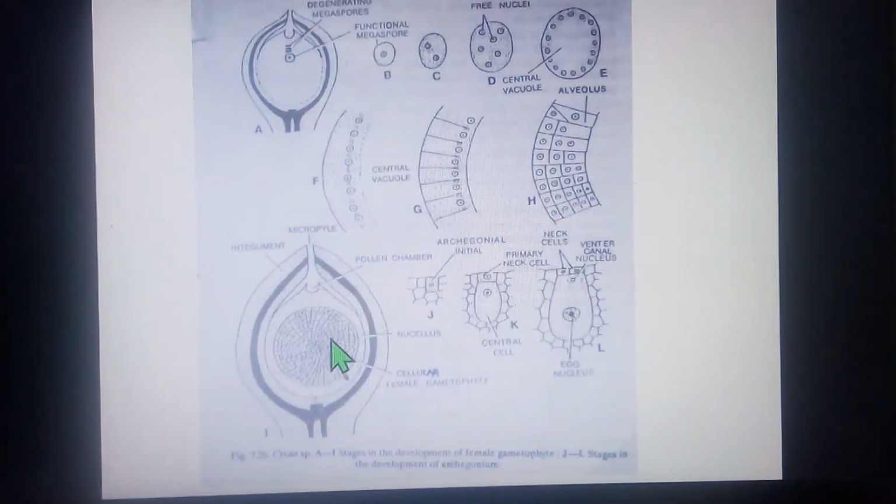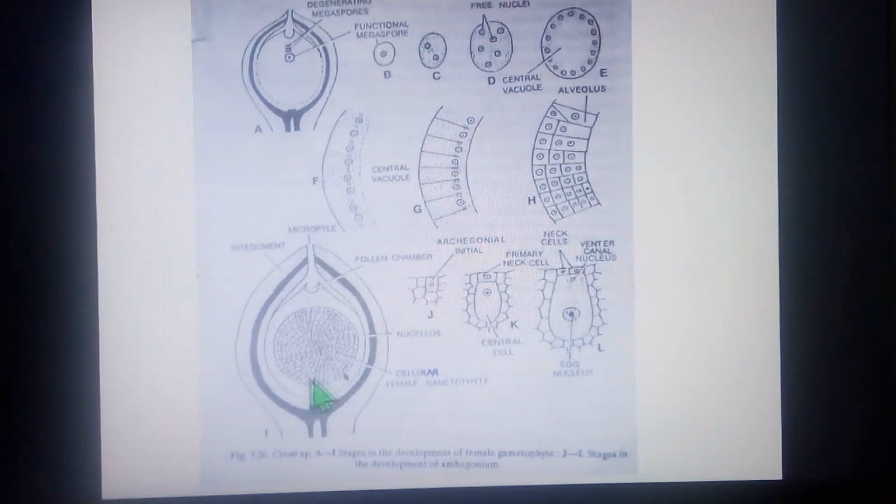So here remember one thing, that the gametophytic tissue shows smaller cells towards the micropylar end and larger cells towards the chalazal end, and also the archegonia will begin to develop on this germinated megaspore.